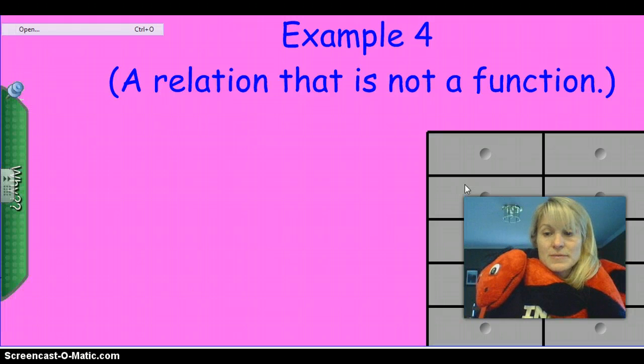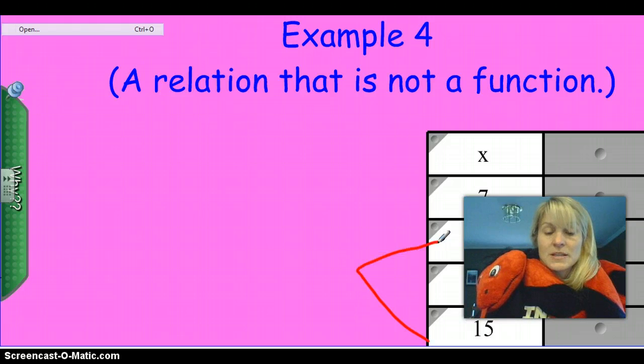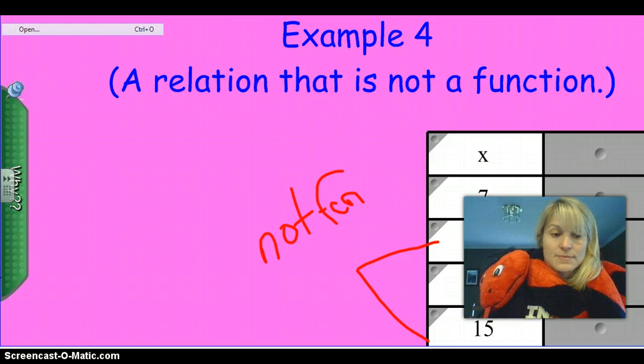If we look at this function here, for our x's, we have 5, 7, 15, 23. Now I can see right here already that because I have 15 in here twice, this is not a function. Remember we use FCN for function. We'll just call it a relation, which means it makes a graph, but it's not a function, okay?